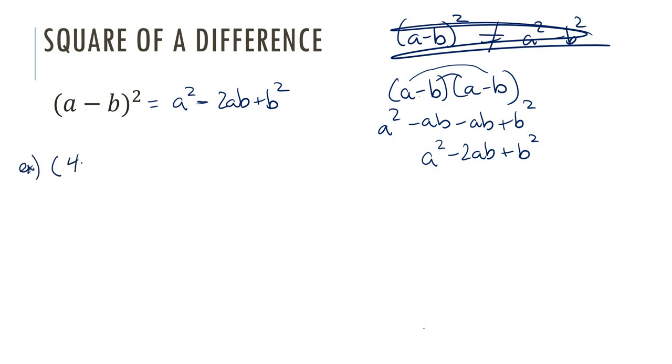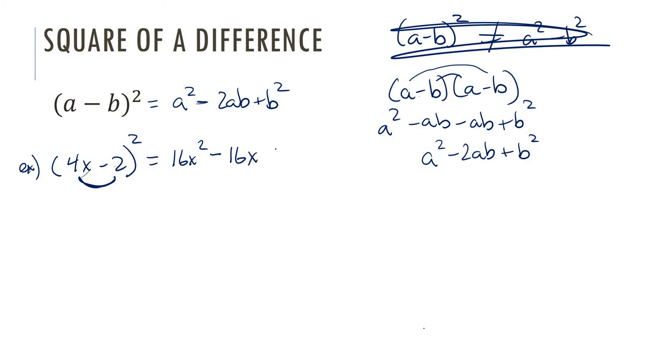Let's do 4x minus 2 squared. So a squared, that's 4x times 4x. Negative 2ab, that's multiplying these two together. 4x times 2 is 8x. And then multiplying 8x times negative 2, negative 16x.